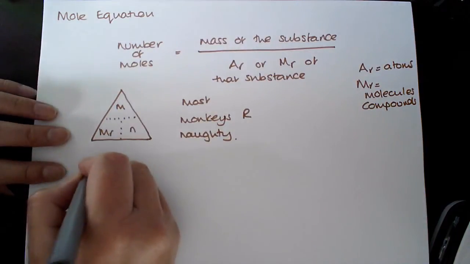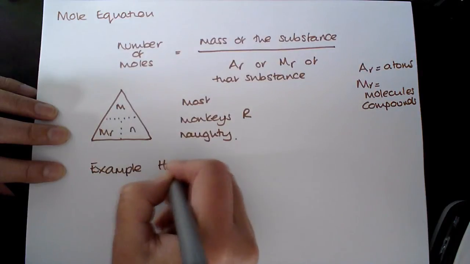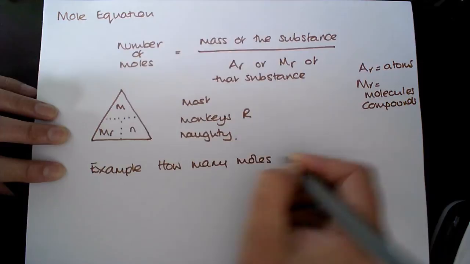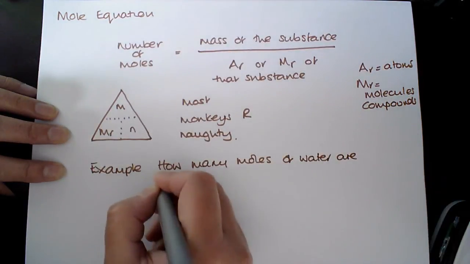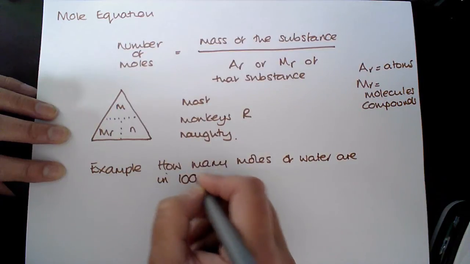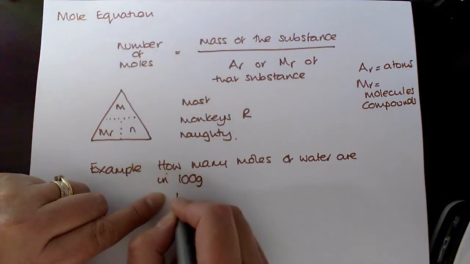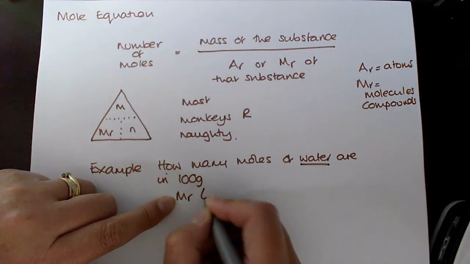So for example, if I wanted to know how many moles of water are in 100 grams. Okay, then all I would do is I would have to start off by calculating the MR of water.